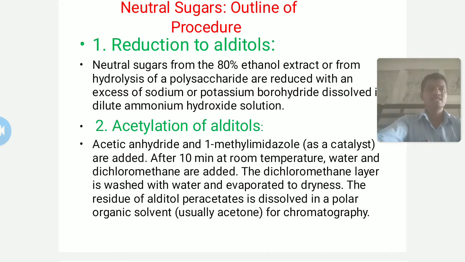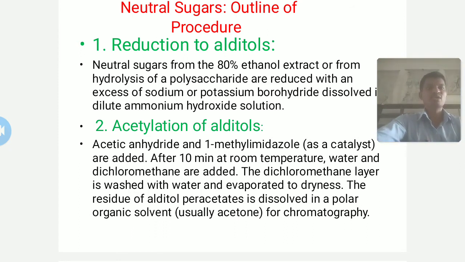The dichloromethane layer, which is the bottom layer because it is a chlorinated solvent, is washed with water and evaporated to dryness with a rotavapor, which is widely used worldwide for the distillation of solvents from reaction mixtures.